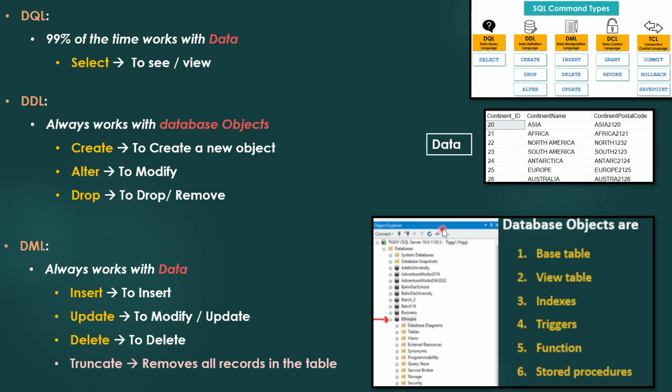Truncate means all of it at the same time, no filter, just truncate, empty the house. Vacate the house. You rent an apartment, you want to move out of that apartment.